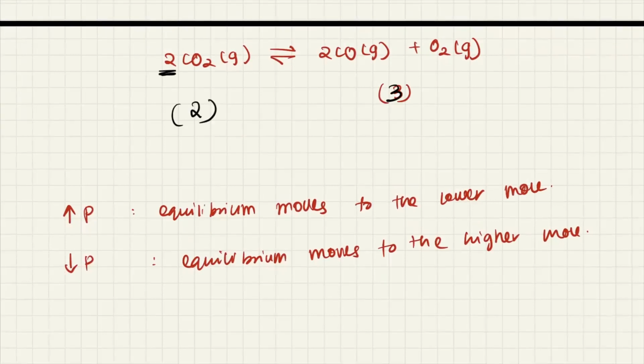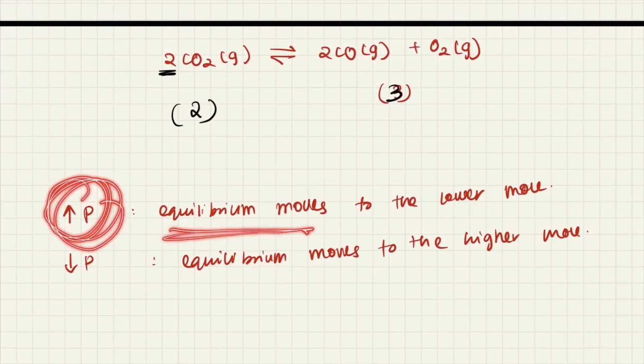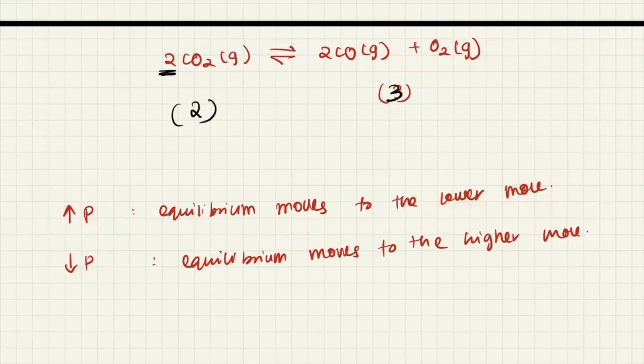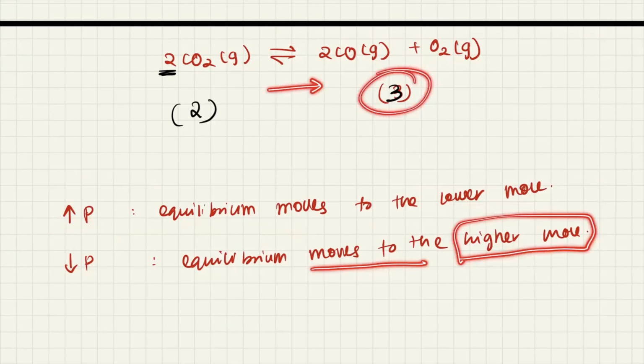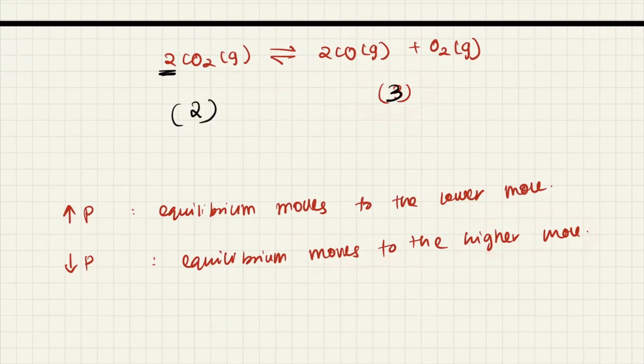Just this one. So when you increase the pressure, equilibrium will want to move to the lower mole, which means it's going to move to the left. And when you decrease the pressure, it wants to move to the higher mole. That means to the right, because in the product we have 3, which is larger.